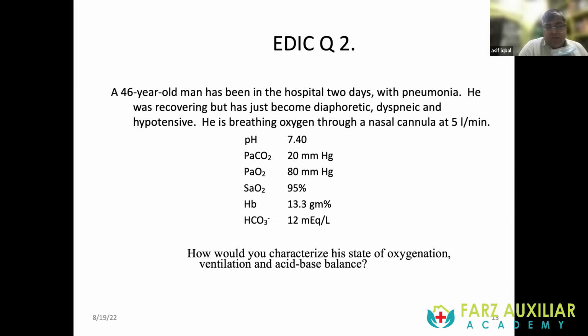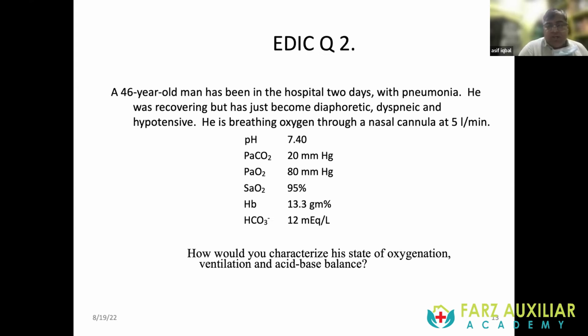So tell me anyone about the oxygenation. PaO2 is 80, on nasal cannula 5 liter. So nasal cannula 5 liter means how much is the FiO2? Anyone? Please volunteer. Yeah, it's around 40%. Yes.